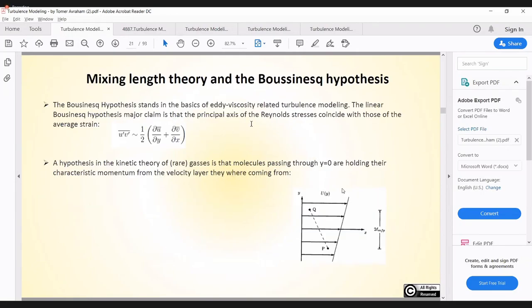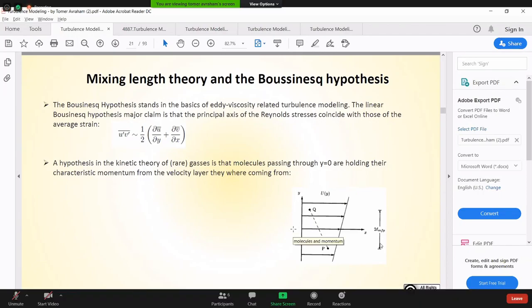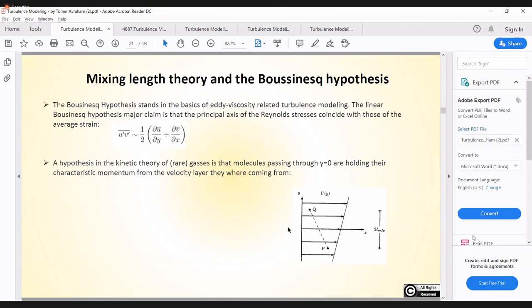There's an explanation of the Boussinesq hypothesis. The Boussinesq hypothesis, you must remember that everything you see here is true for the molecular level. I mean, if you look at this as molecules, it's true. It's holding its momentum, and you cut a Taylor series after, I don't know, one term, and you get the molecular viscosity to a great degree of accuracy.